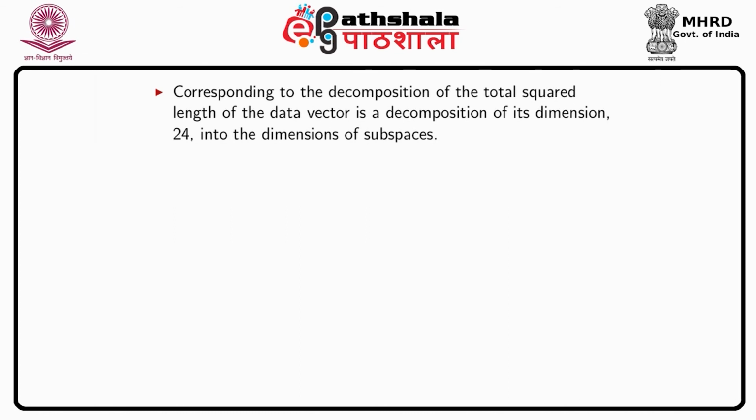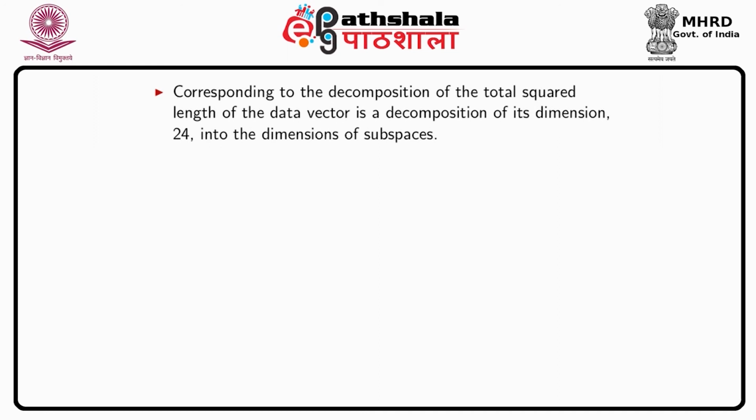So corresponding to the decomposition of the total squared length of the data vector is the decomposition of its dimension as well. We have 24, which is the dimension of the space, which is further divided into the different sums of squares. For instance, the grand mean is always a multiple of the single vector, all of whose entries are 1. This describes a one-dimensional space.